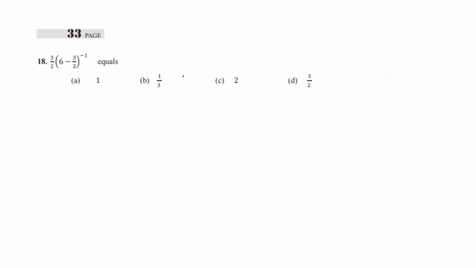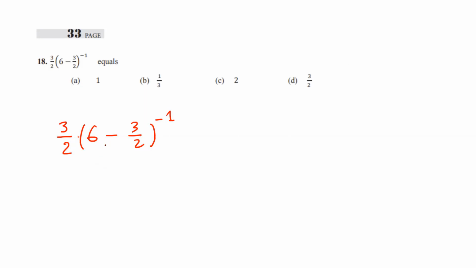Exercise 18, page 33. Calculate this quantity. Evaluate. From here we have parentheses, exponents, a difference, and multiplication. We have a lot of operations.